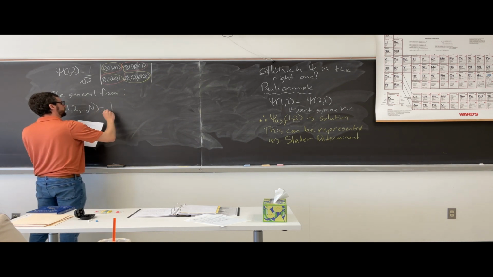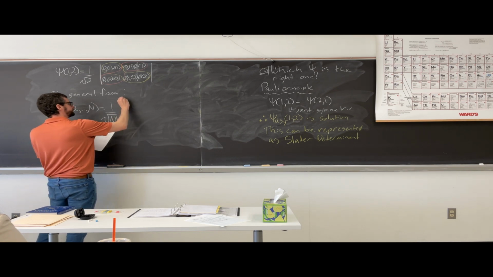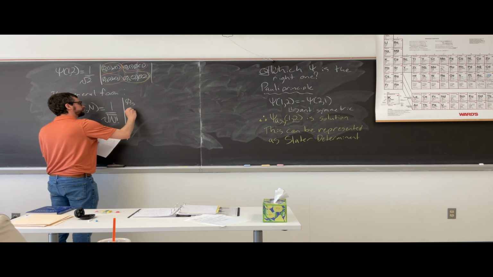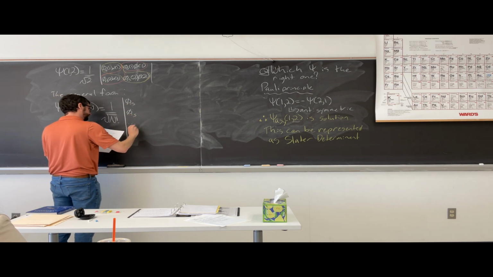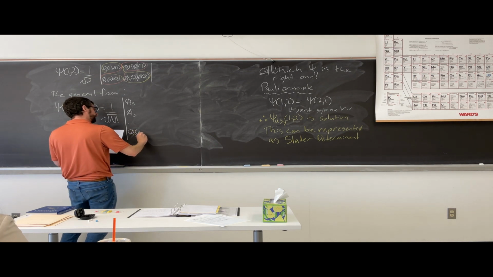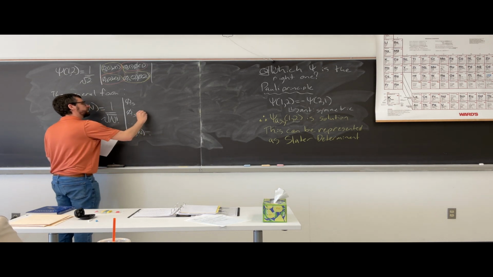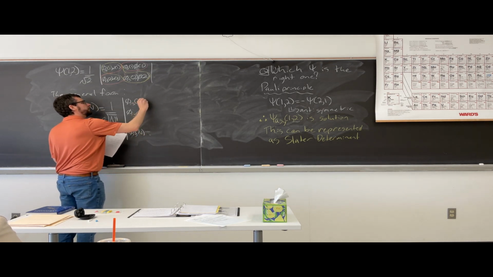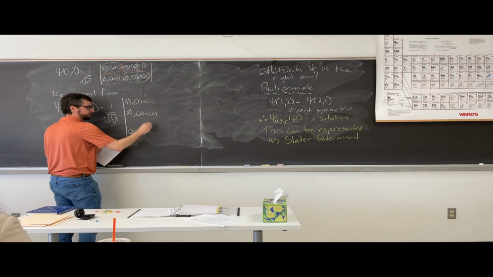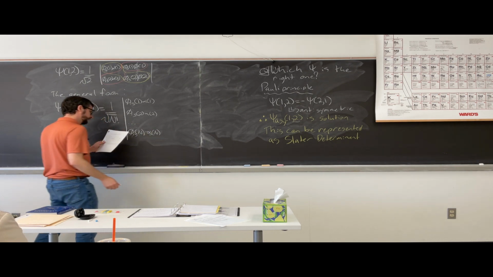You have 1 over square root of n factorial. Sorry, try to go through this. We start with alpha 1, alpha 2, then it continues on to alpha n.